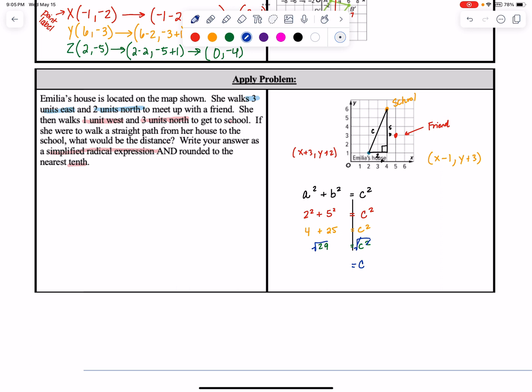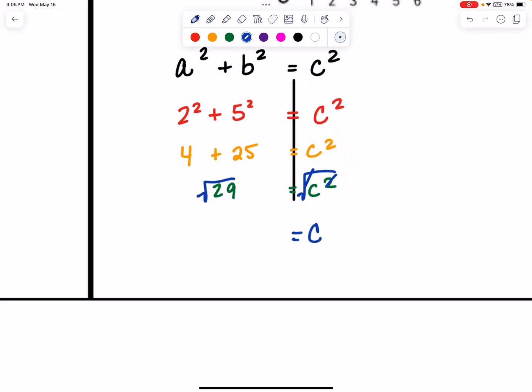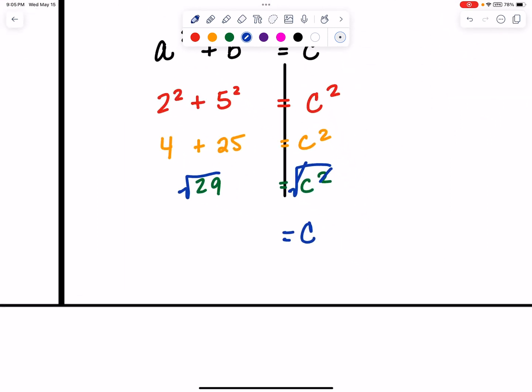And here's what they say here. I'm going to explain this. Write your answer as a simplified radical expression. Okay, and what that means is we want to just keep it as small of a radical as we can. Okay, and so right now we have the square root of 29.